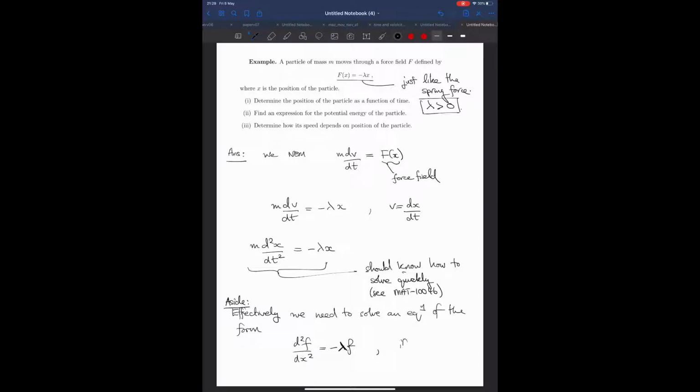And what you should verify for yourself is, if lambda is greater than 0, then the solution looks like this. Okay, I think we tackled this before in other problems. Important case, and this is a challenge.